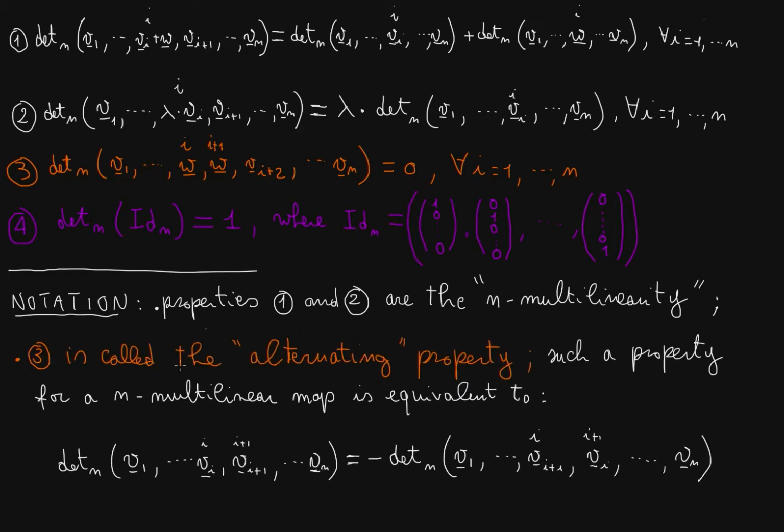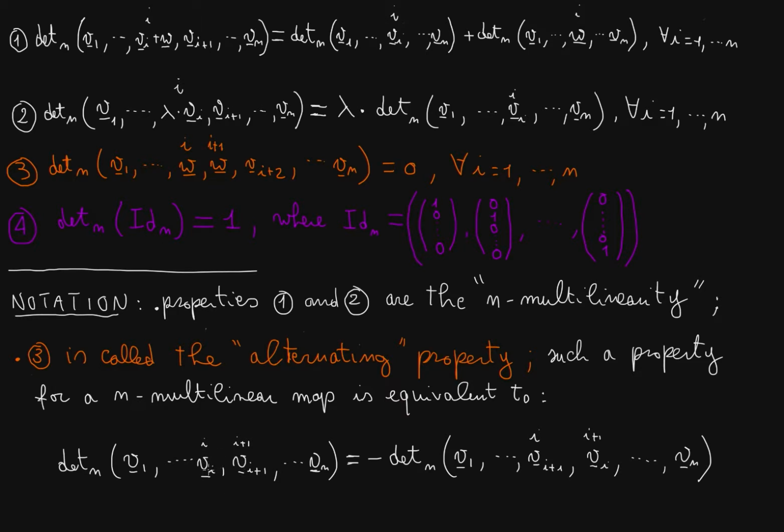Property 3 is called the alternating property. If we know that the function is n multilinear, then the alternating property is equivalent to the following one. If we apply determinant to any matrix, and then compute the determinant of the same matrix in which we have switched the order of two vectors.